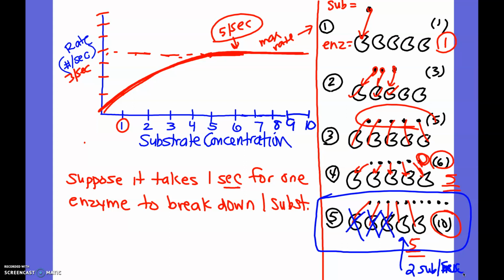I can't break down 5 per second anymore because 3 of my enzymes have been deactivated. So now my plateau would be down here at 2. If I knocked out 4 of my enzymes, my plateau would be even lower. So with non-competitive inhibition, you're basically removing some of your workers, and so your maximum rate, Vmax, or the max rate that the enzyme can go, is going to be lower.